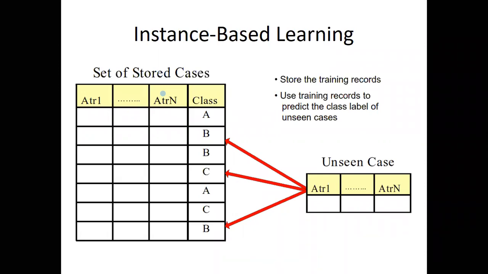So in instance-based learning, we store all the instances in our system. Whenever we are asked to predict a new value, an unseen case, that new data we call an unseen case. That new case has some attributes, but its class is not there. We have to decide to which class it belongs.